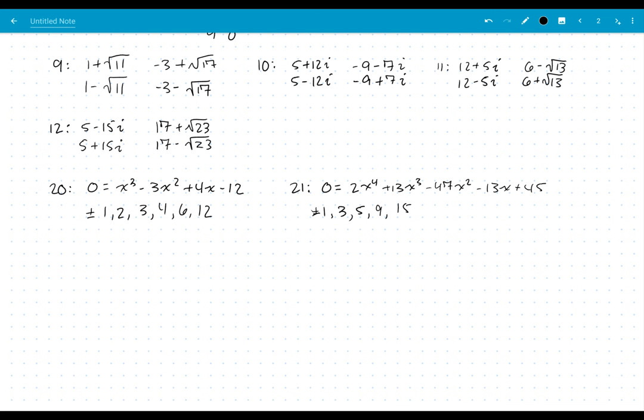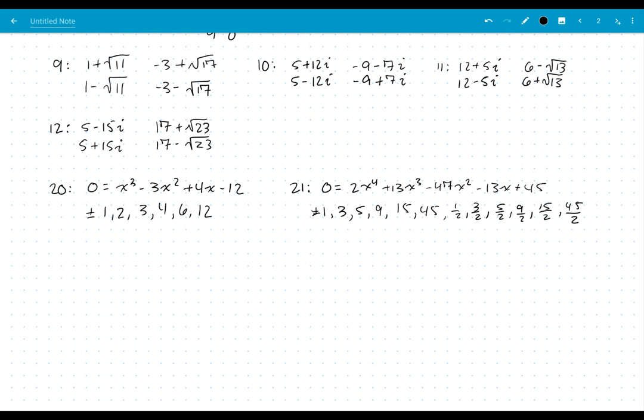And then 15 and 45. And then we have each of these divided by 2. So 1/2, 3 halves, 5 halves, 9 halves, 15 halves, and 45 halves. These are all of the possible rational solutions. There are no other possible rational solutions to this equation.